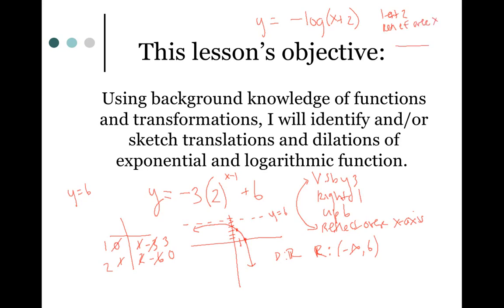So I'm going to start with the points, and let's see my asymptote for something like this. If it goes left 2, your asymptote's going to be x equals -2. It should still be to the right of that line. It should not be to the left. I didn't say it reflected over the y-axis. It's still reflecting over the x-axis. That would happen if I made this x value negative, which is not something you're going to see.